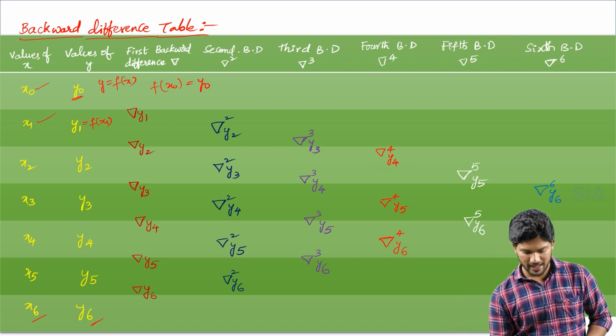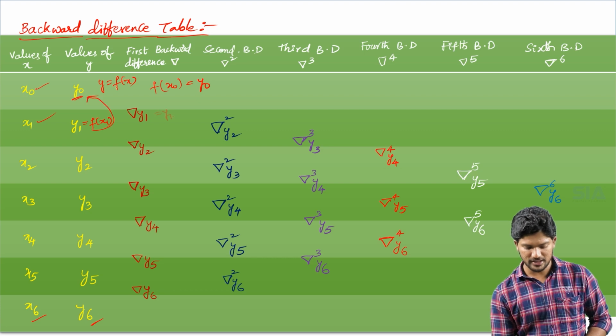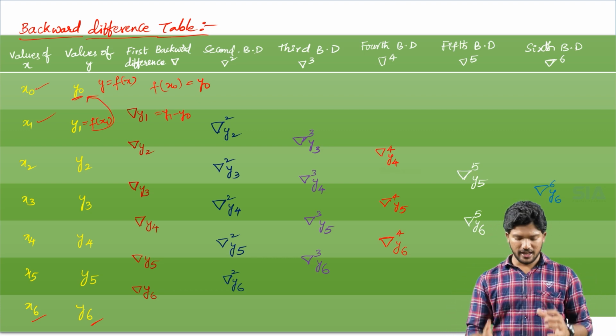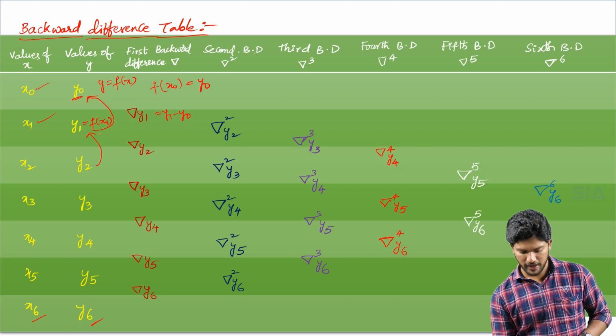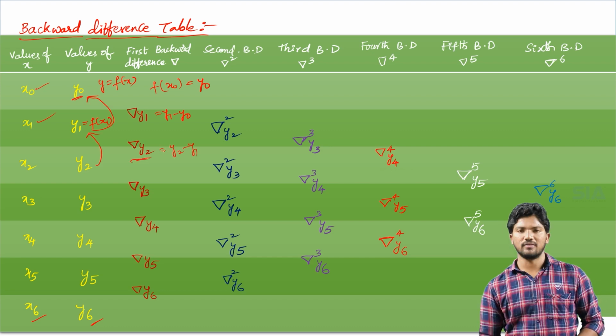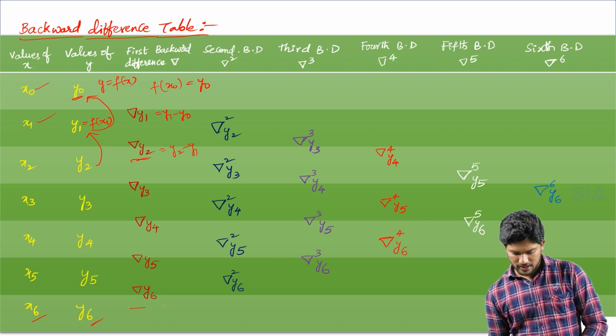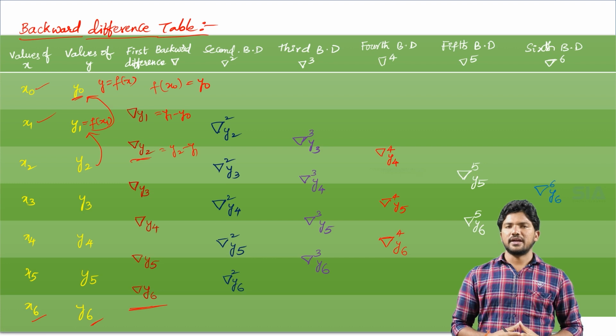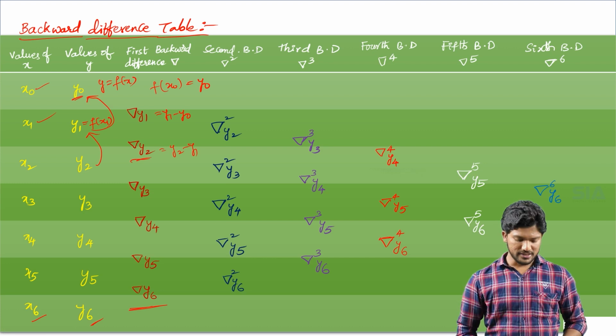First of all, here you can see that the difference y1 minus y0 you can take as reverse del y1, or del y1. Next y2 minus y1 you can write as del y2. In this format, this total column denotes the first backward difference operator.